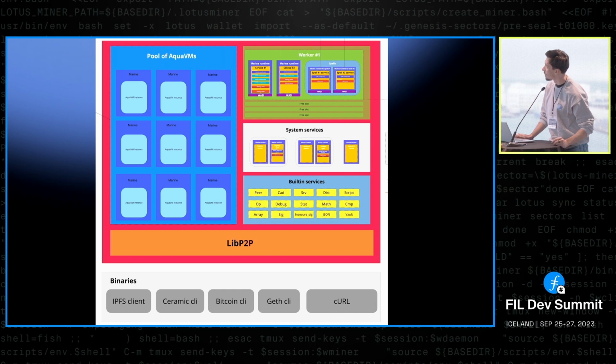I think it's too small, but that's how Fluence nodes look inside. They have this Aqua VM that runs Aqua, which allows them to receive Aqua requests and send Aqua responses back. It runs WebAssembly in workers. It has some built-in services, and it has access to effectors, to basically external stuff.